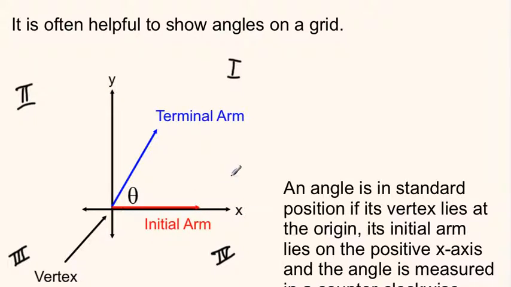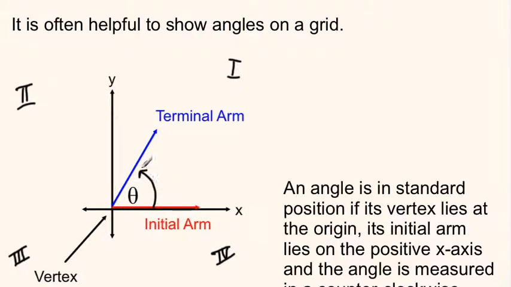That's helpful for our terminology when angles are bigger than 90 degrees. Now, the initial arm is basically the x-axis. We measure the angle from the initial arm to the terminal arm. The terminal arm is the line that creates the angle. Notice we're not looking at a triangle here, just an angle. Theta is the angle from the initial arm to the terminal arm.